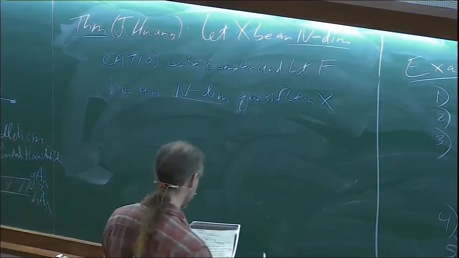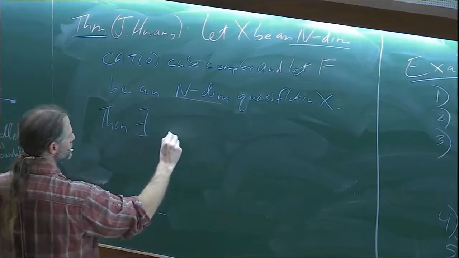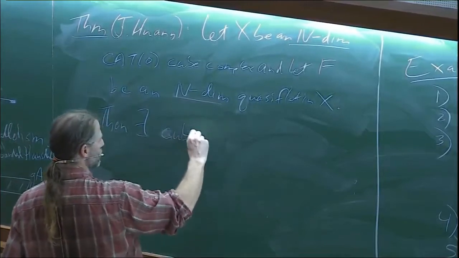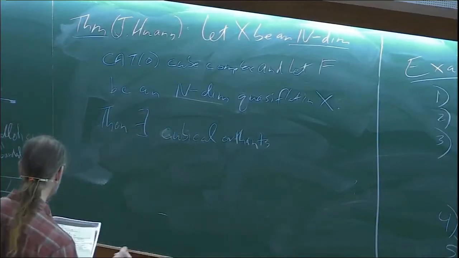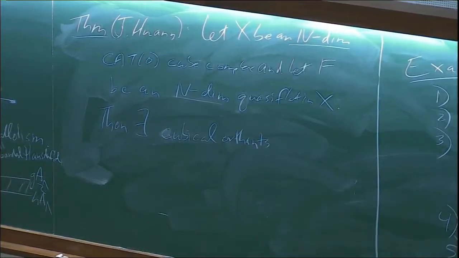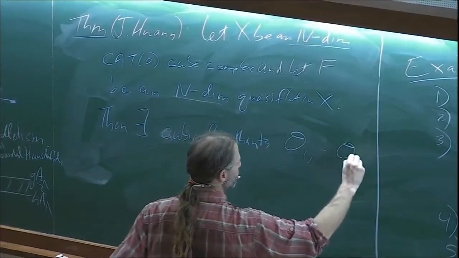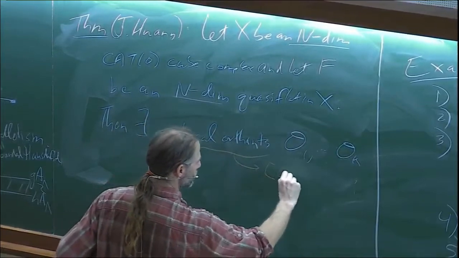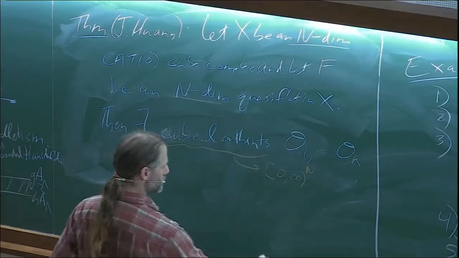If you're in that setting, he proved that there exist cubical orthants, O_1 to O_K. A cubical orthant is just [0, infinity) raised to the power n with a standard cubulation.